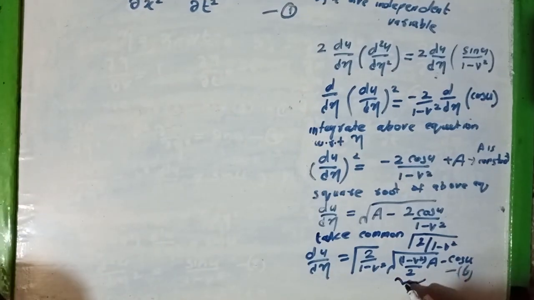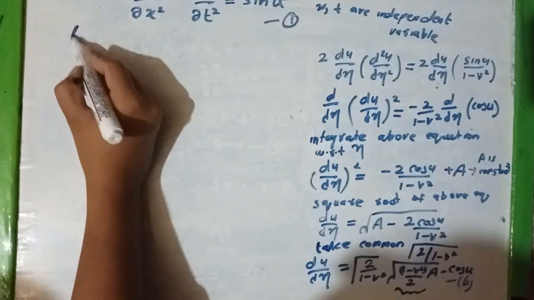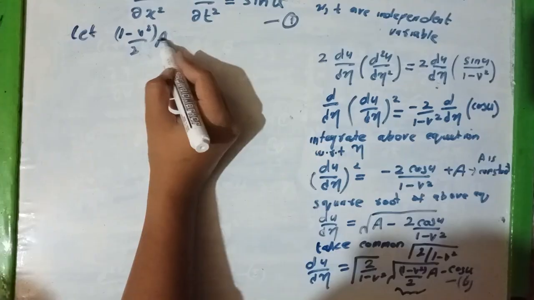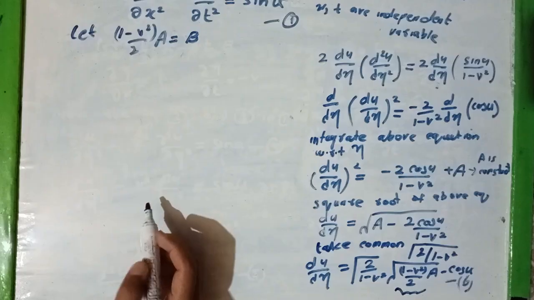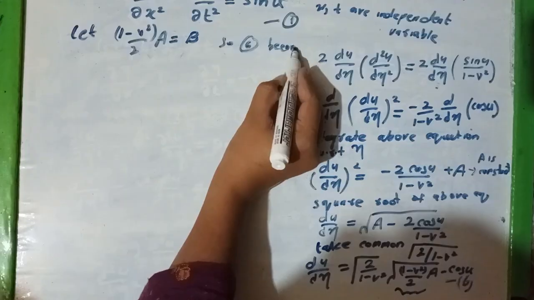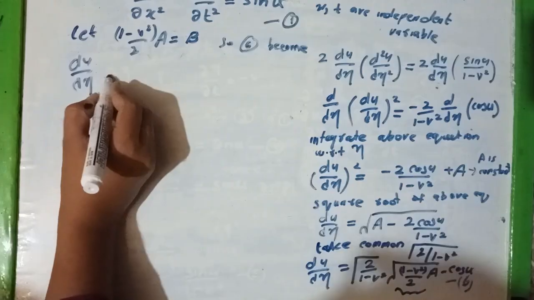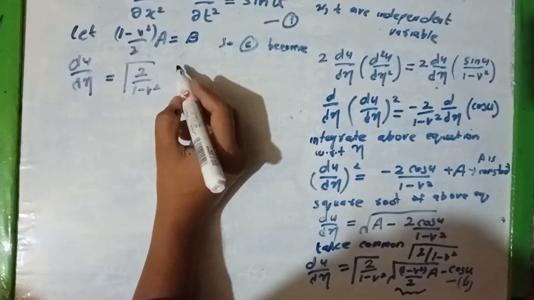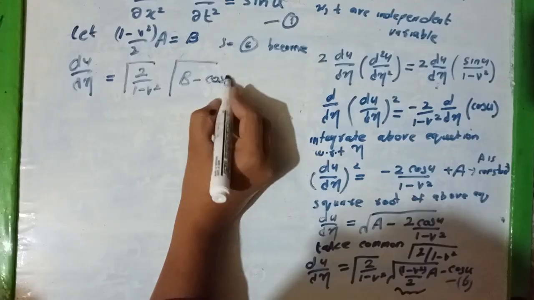This whole term is equal to some constant. So let (1 − v²)/2 multiplied by a be equal to some other constant, which is b. So equation 6 becomes du/dη is equal to the square root of 2 over (1 − v²) times the square root of (b − cos u).